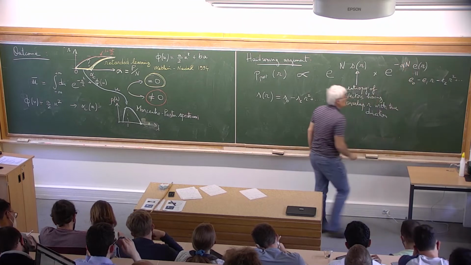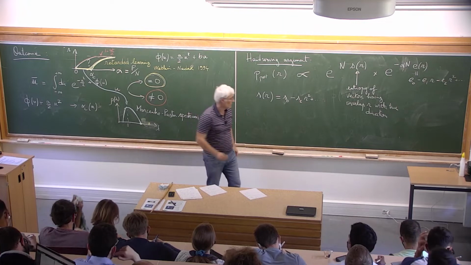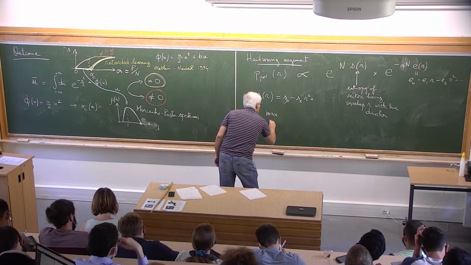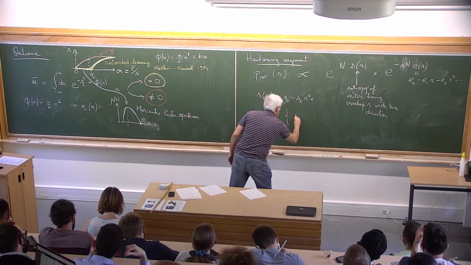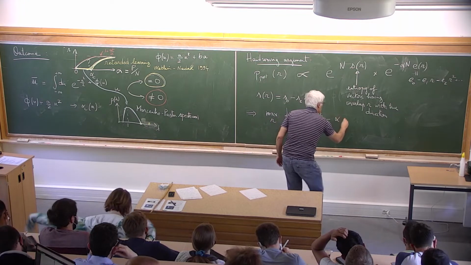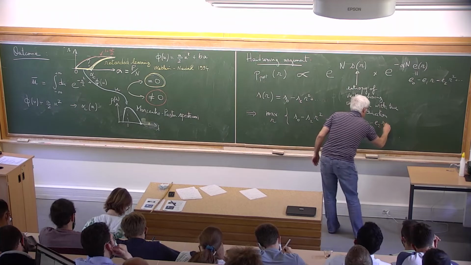And now I will just maximize this over R to find the most likely value for R. So I am doing just a maximum over R of S0 minus S2R squared minus alpha times E0 minus E1R minus E2R squared, and so on.